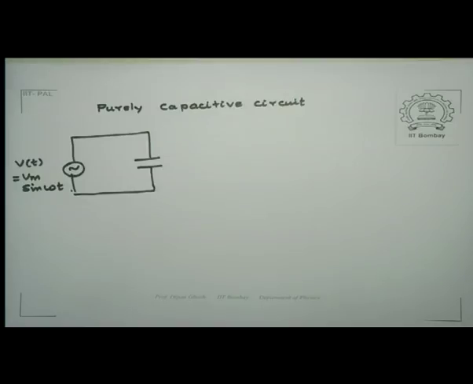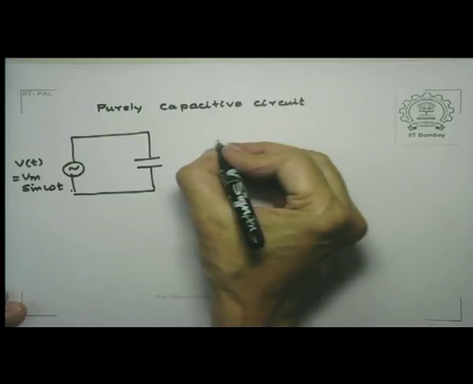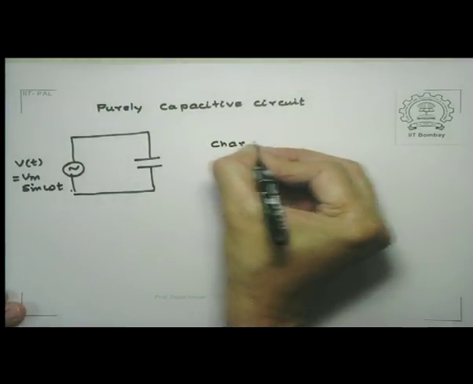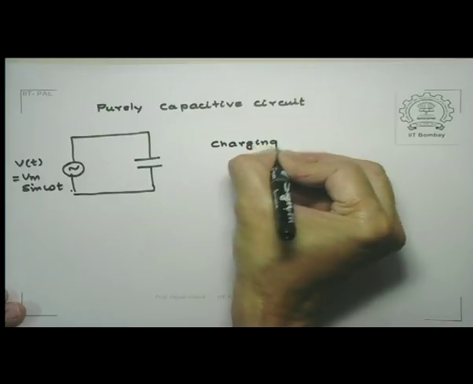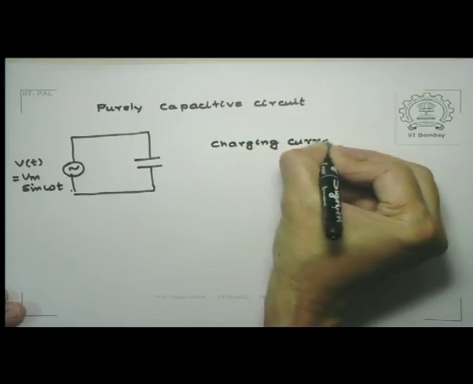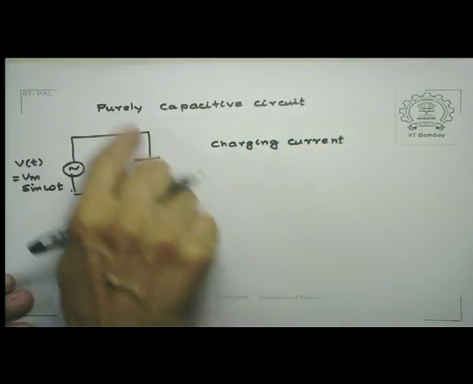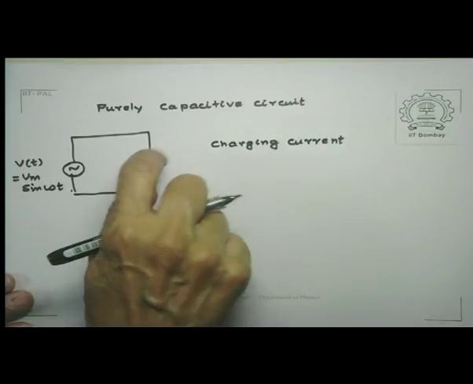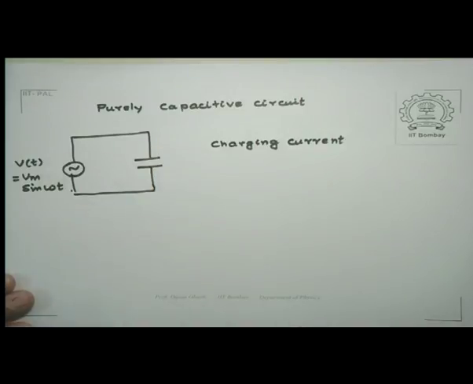Now here, assuming that initially my capacitor plates are uncharged, there would be a charging current. And this charging current would make this capacitor plate, let's say, positive and this plate negative.